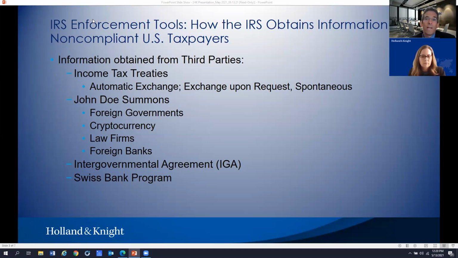Apparently, the law firm had helped one client in particular open 5 foreign accounts and form 8 foreign entities. The IRS claimed that the law firm helped the client structure their affairs so that the income they were earning was assigned to these foreign accounts.